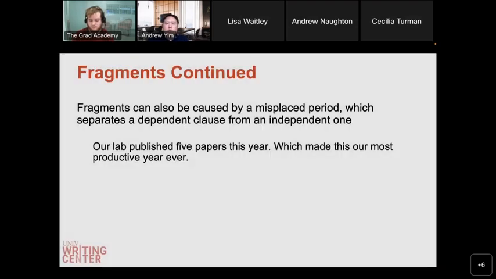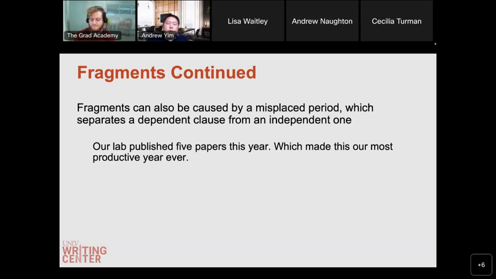Some other things we also want to consider are fragments with misplaced periods. We often want to consider how we separate a dependent clause from an independent one. In this example down below, you would have the sentence, our lab published 5 papers this year, period, which made this our most productive year ever.